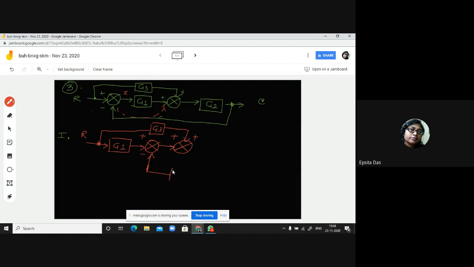It will be, so I have to multiply G1, and then I will draw here G2, and here it will be C, and from tapping C, this will come. So my signal will look like this now.